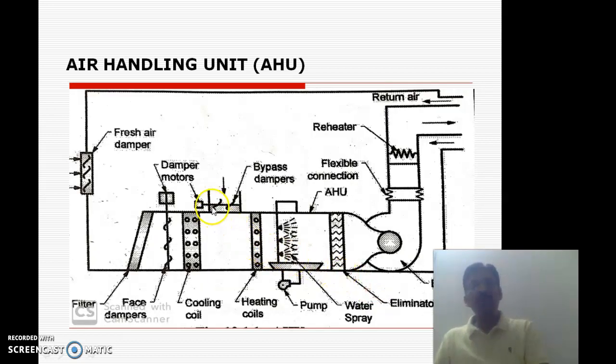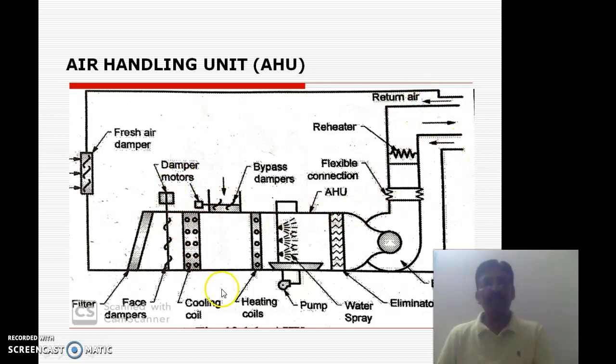So here you can see this air handling unit, AHU. This is the fresh air damper, damper motors, then filters, phase damper, cooling coil, heating coil, pump, spray water, AHU, these flexible connections, blower, eliminators, reheater, and this is your return air.